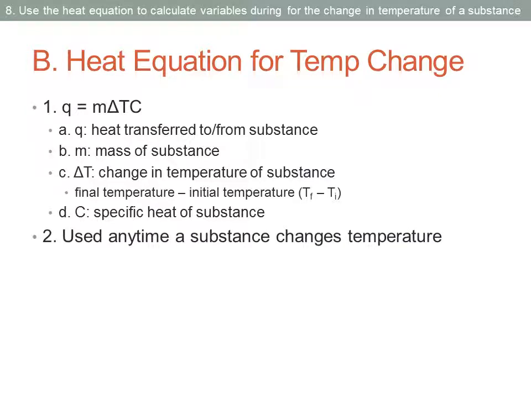We use this equation anytime we have a substance that is changing temperature. Later on in this unit, we will have a different equation for heat whenever we're going through a phase change, and in that case the temperature does not change. But for now, this is what we will use because we'll always be dealing with changes in temperature.